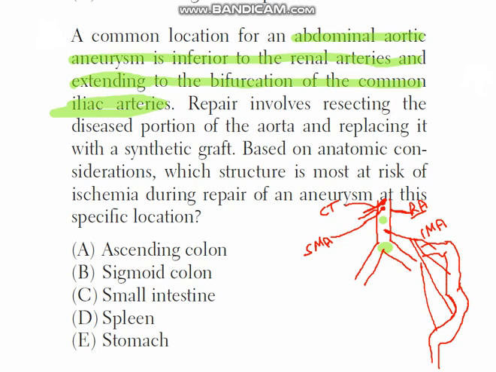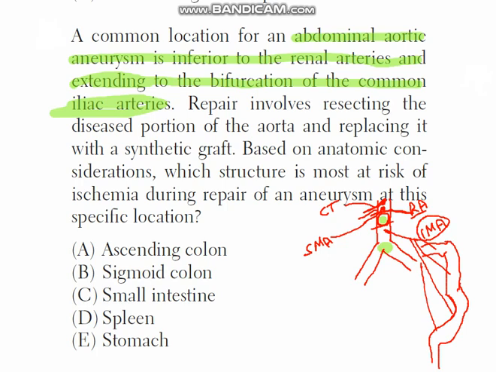So during the treatment of the aneurysm, when we cut off the supply here, there is an effect on the blood flow to the inferior mesenteric artery.